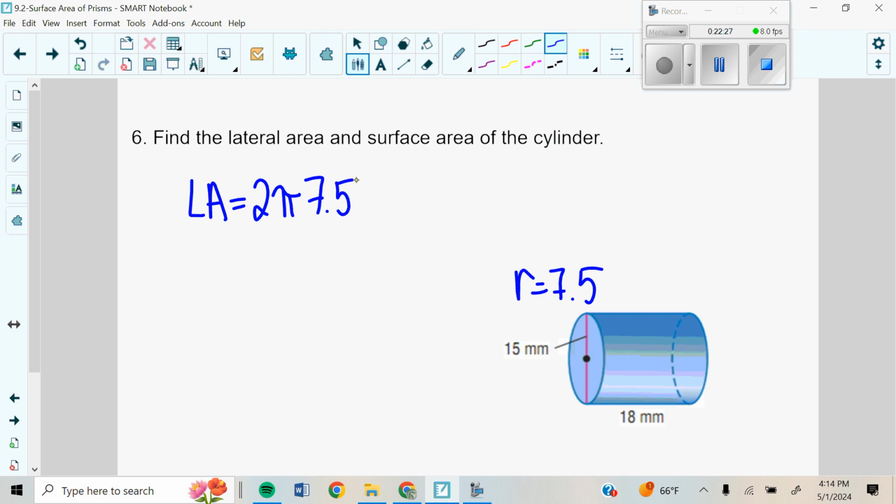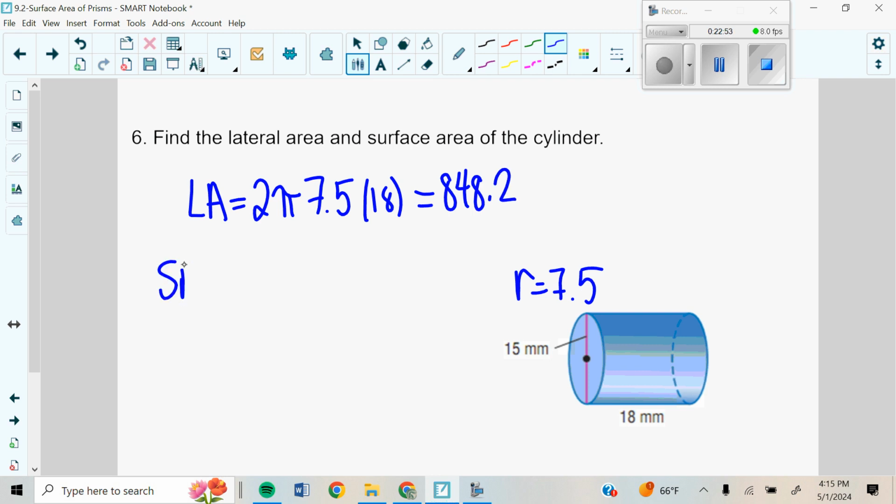Times our height, which is our distance from base to base, so that's going to be 18. All right, go ahead and grab those calculators and type that in. And we want to round it. We get a decimal with pi, and that's okay. So let's go to 848.2 because it was 2, 3, so the 3 is not going to make us move up.